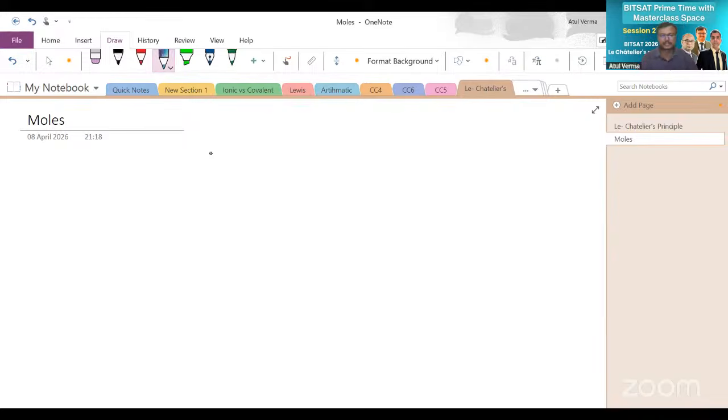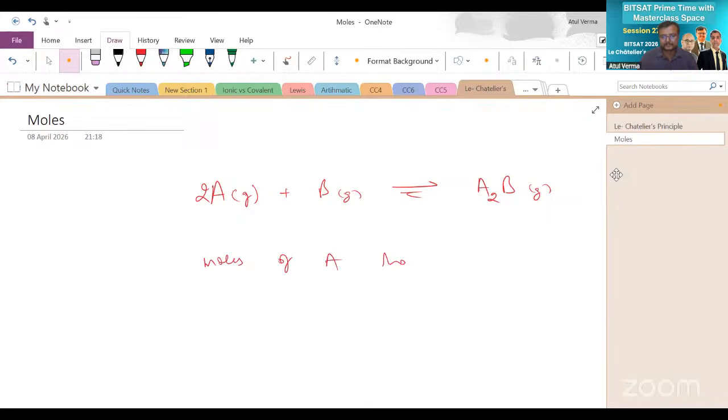I'll take a hypothetical, very simple example: 2A, gaseous, plus B, again gaseous, forming A2B, again gaseous. Suppose we have done a change in which moles of A have been added to the system which is already at equilibrium.